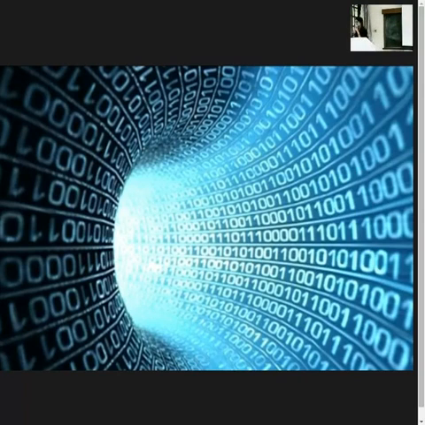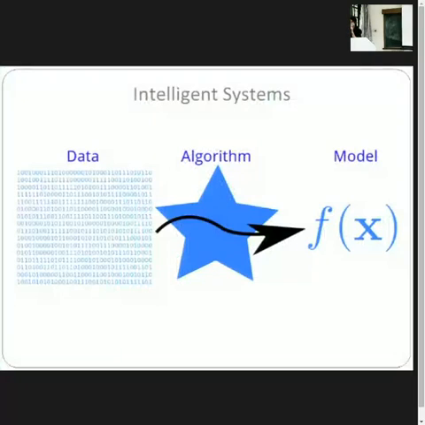We have a chunk of data, we have some intelligent algorithm, and we come up with a prediction model. Keeping in mind the performance measure we have, we want to optimize our performance in terms of it. So this is what intelligence systems is.